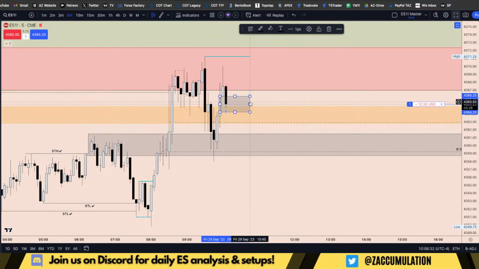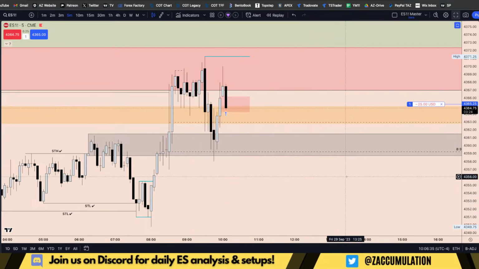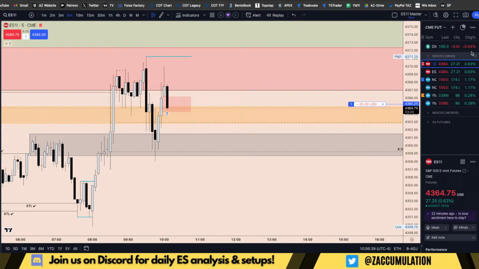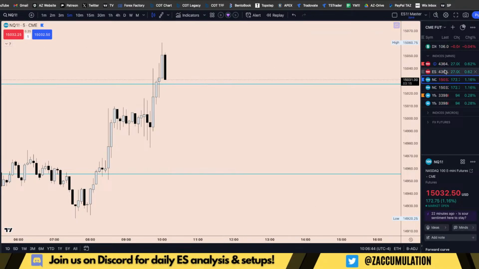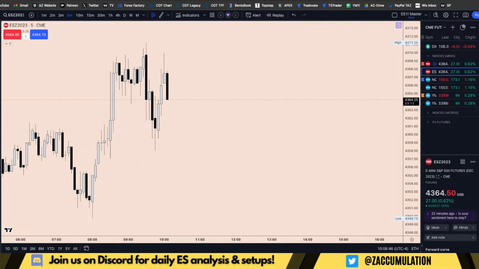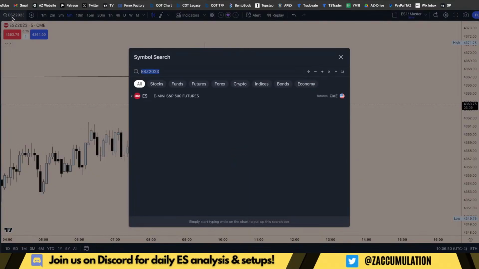If we see this fair value gap fail and we continue lower, we don't just have very strong bearish SMT divergence between ES and NQ, because NQ clearly made a higher high, lower high on ES. Well, where's ES1?